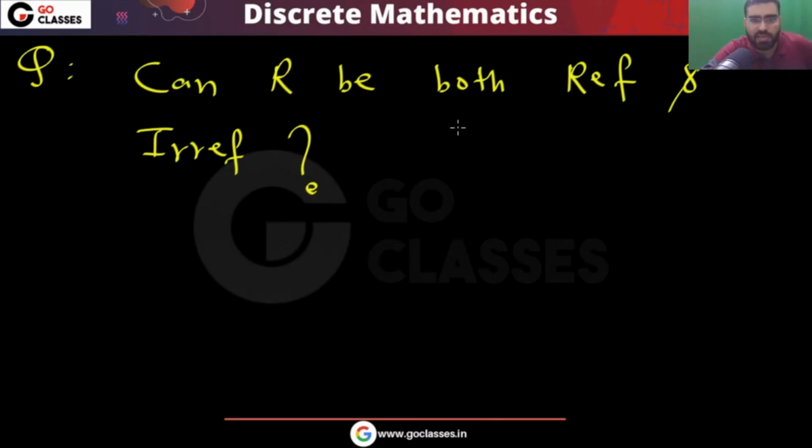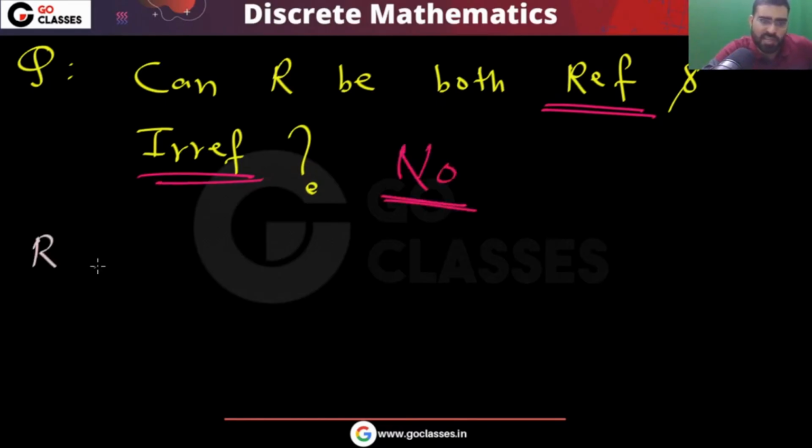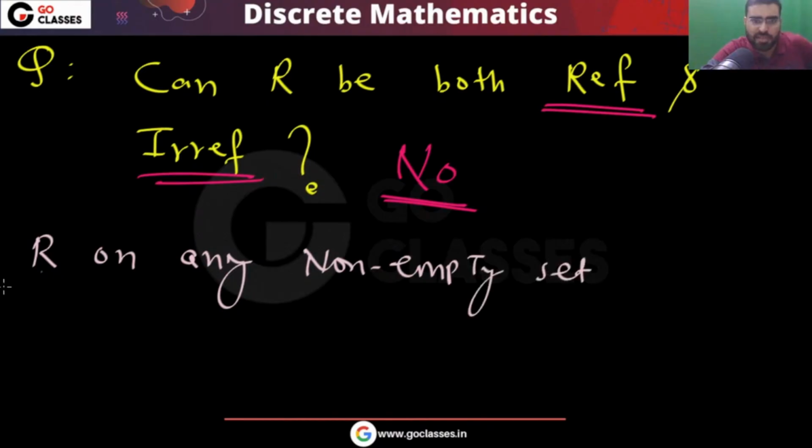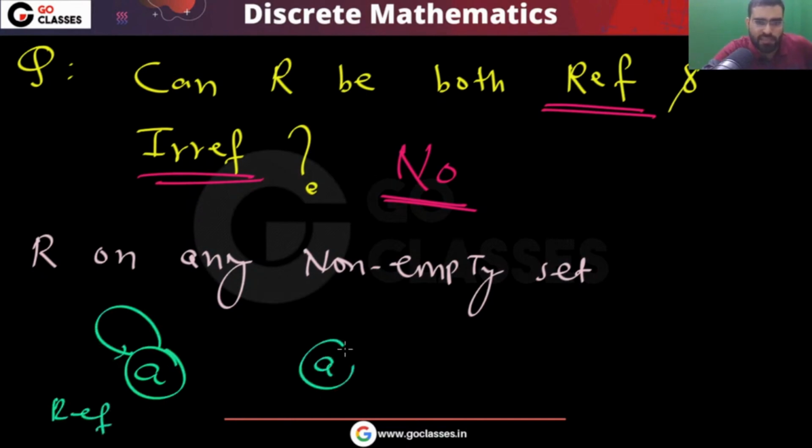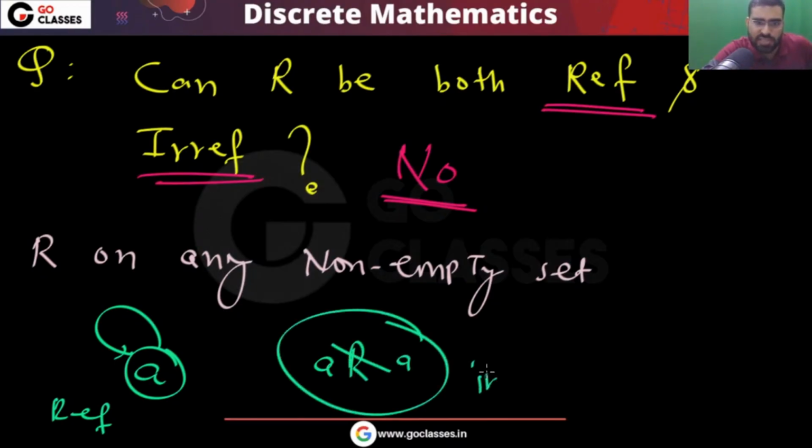The answer is no. Because if you have a relation R on any non-empty set, reflexive will say that A should be related to A, and irreflexive will say that A should not be related to A. Irreflexive is saying that no one is related to itself, reflexive is saying that everyone is related to itself.